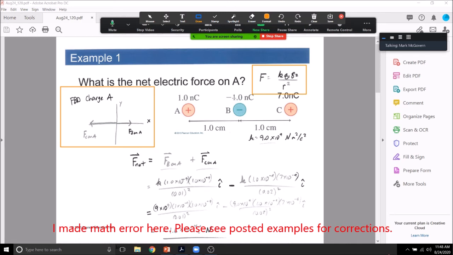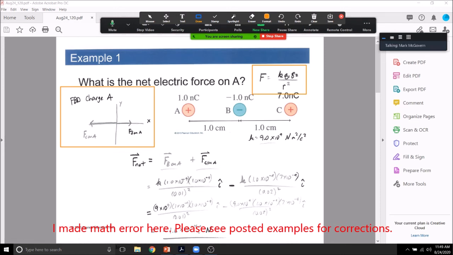So even though there's a negative 1 coulombs here, I don't put that in there, okay? That negative charge tells me whether I have an attractive or repulsive force, and then I put in my vector notation that corresponds to what direction the force is, okay? The B on A is positive and the C on A is negative, so I have that in here.